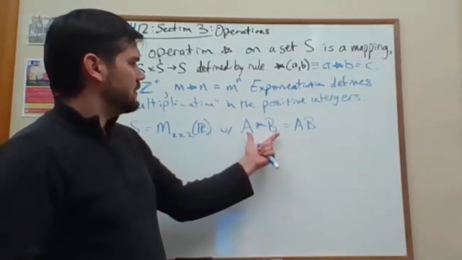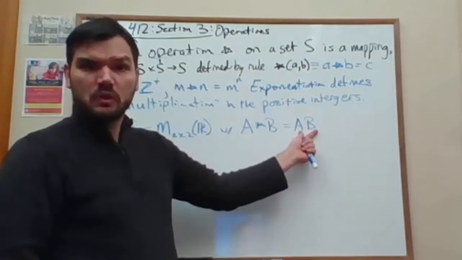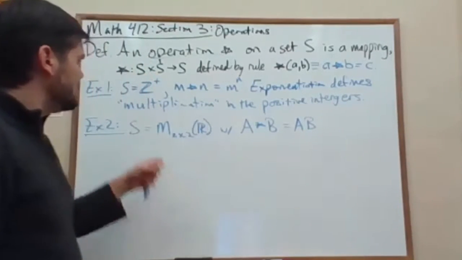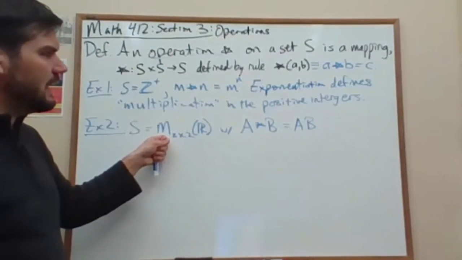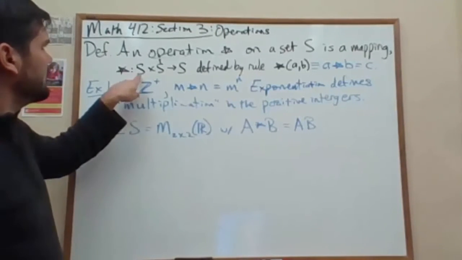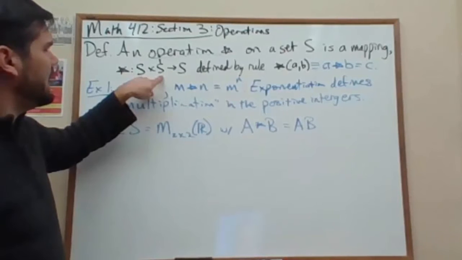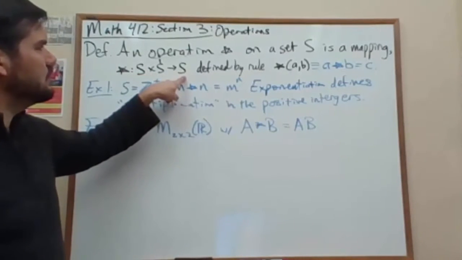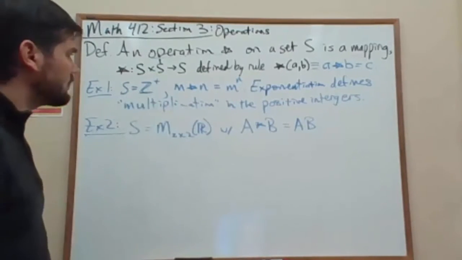If we take two 2 by 2 matrices and multiply them together, do they create a 2 by 2 matrix? Yeah. So we know that it's going from the pair S and S to S itself.